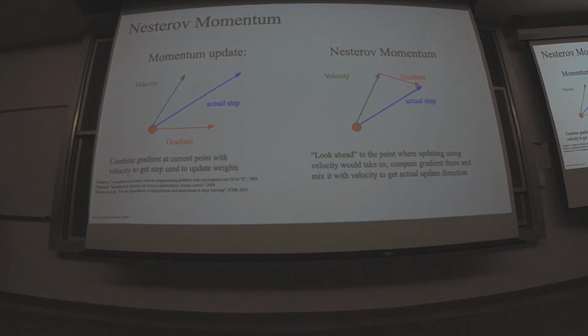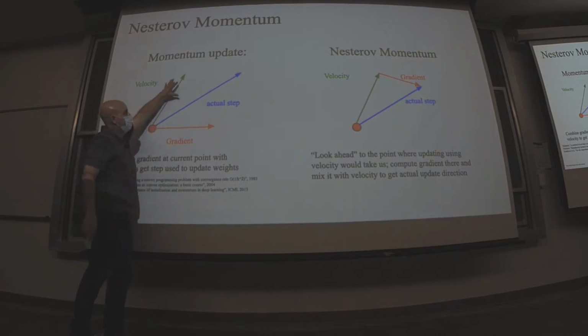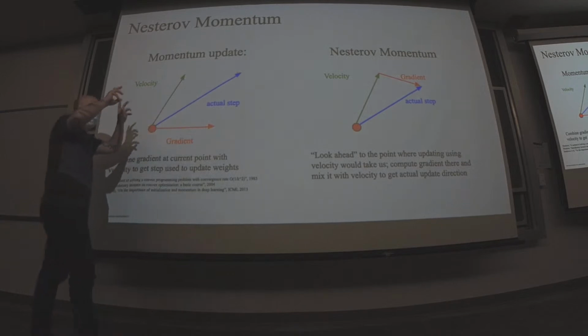If you've done any sort of optimization, this is in the family of look ahead optimization. The thought is that this is no longer the local gradient you want to compute. You really want to compute a gradient here, looking ahead.